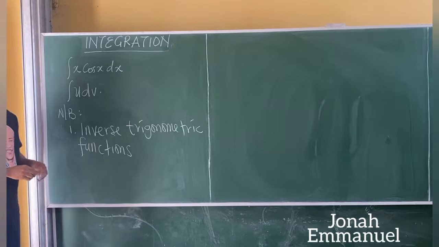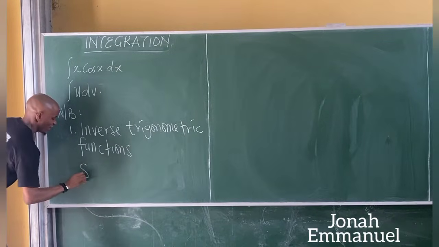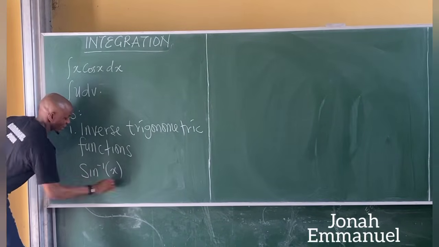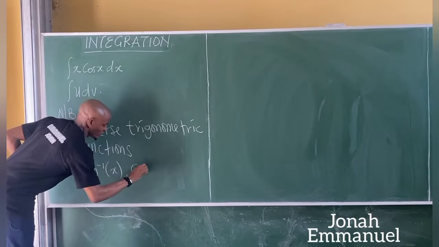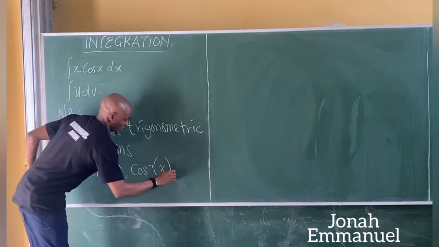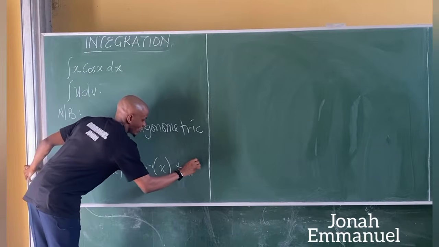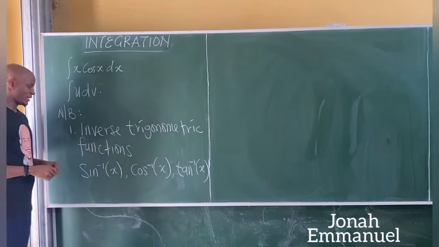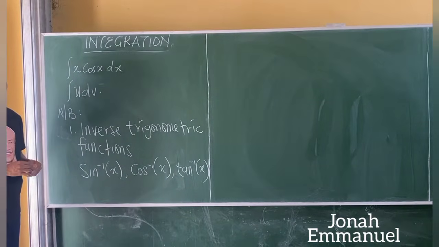Always take them as u. Example, if you have something like sine inverse of x, cos inverse of x, tan inverse of x, these should be taken as u. Okay.